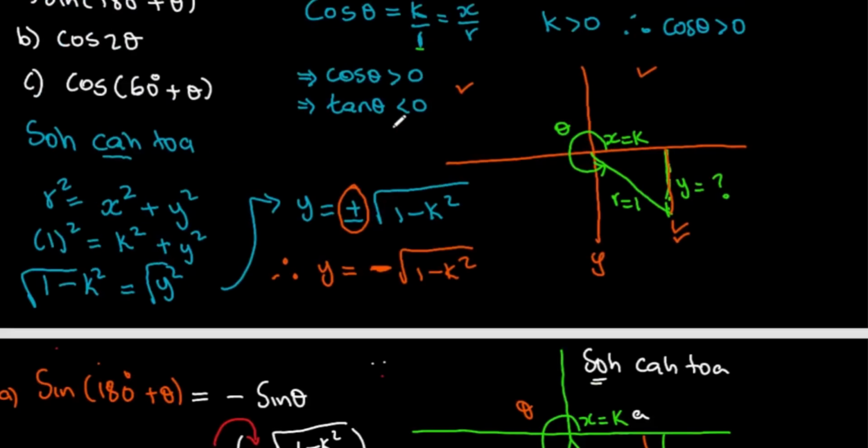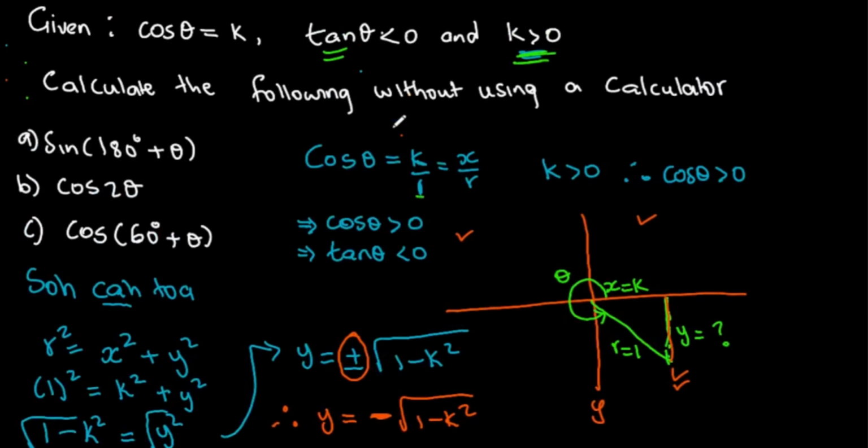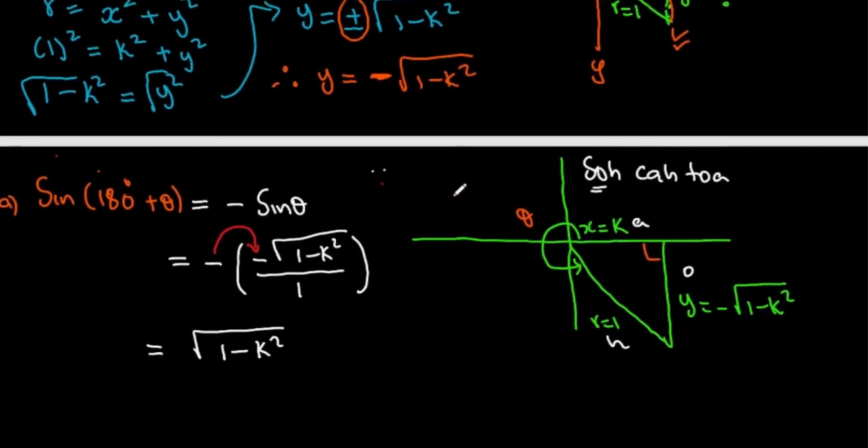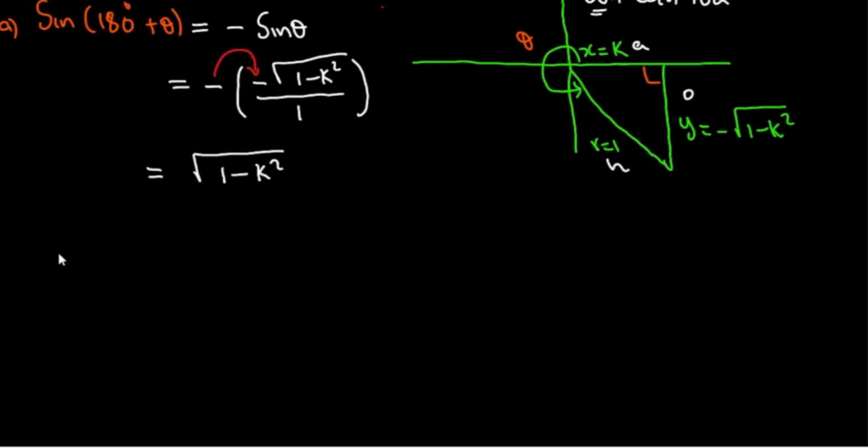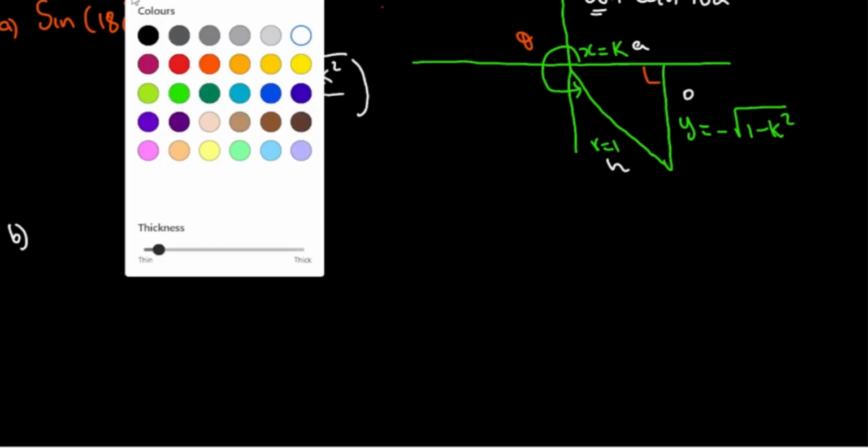So to answer the next question, if we go back up, they want us to find the cos of 2 theta. So this has to do with double angle, the cos of 2 theta.